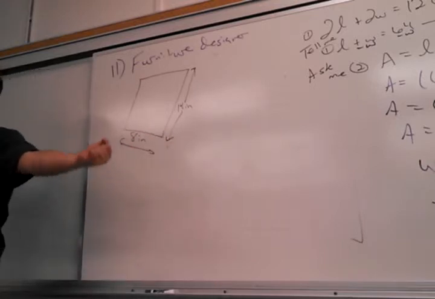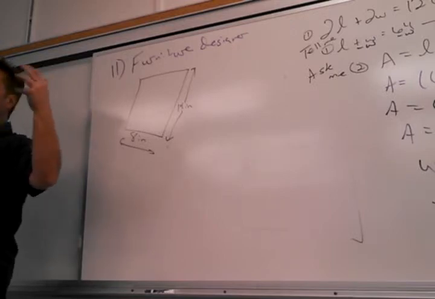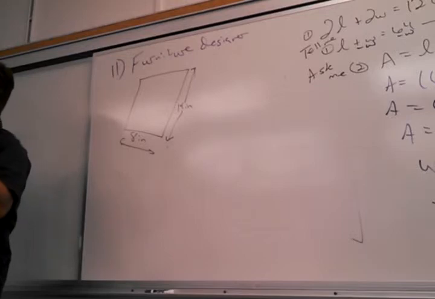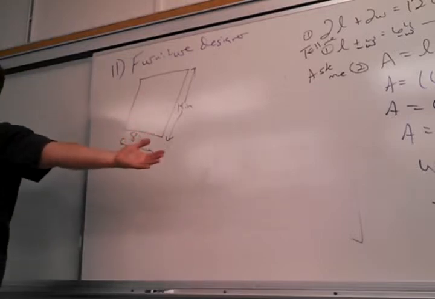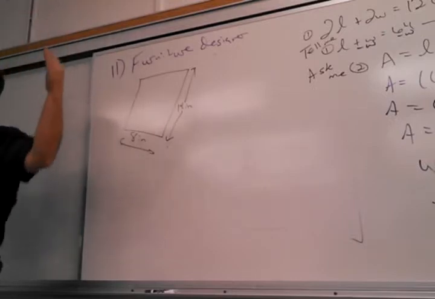Then they bend the ends of it up to make a gutter. I'm going to put this up on a roof. So you want that gutter to hold the most it can, right? That's the point of a gutter. You don't want it to be flat, and you don't want it to be like this, so it can't hold anything. So you want it to be somewhere in the middle that maximizes the area.